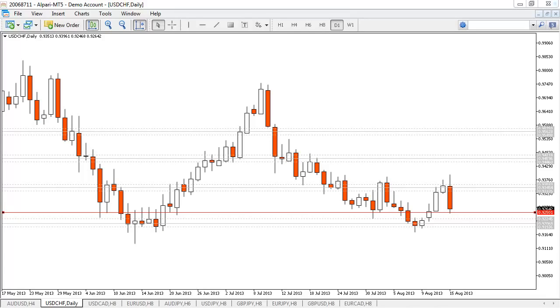It's mostly about entering at the high of the indecision candle or the low of the indecision candle, the high or low wick. But I'm showing you this example because I want to show you a bit of variety. I want to show you some various different examples. So in this case, it would have been quite tough to enter this trade just by setting limit orders and stuff like that. You'd have to check out your charts quite often in order to get the best entry on this trade.